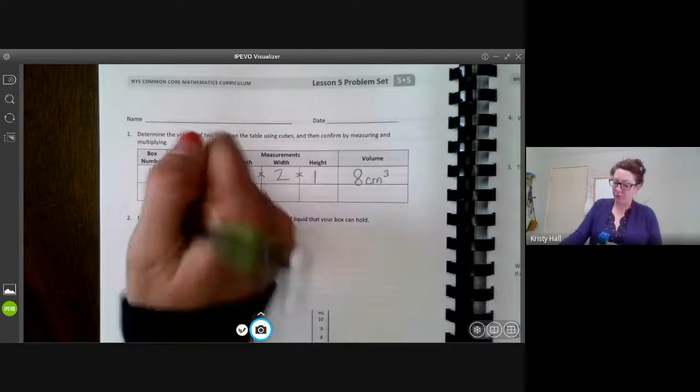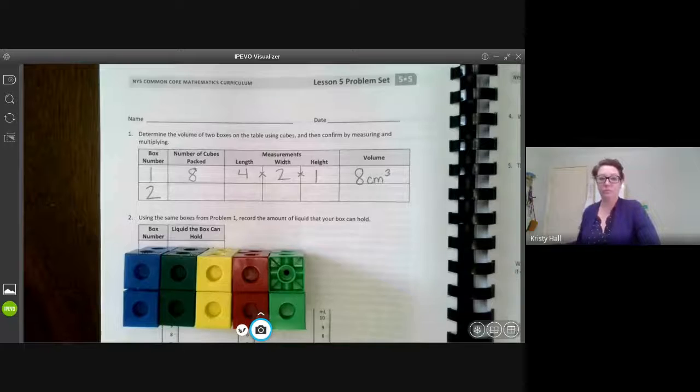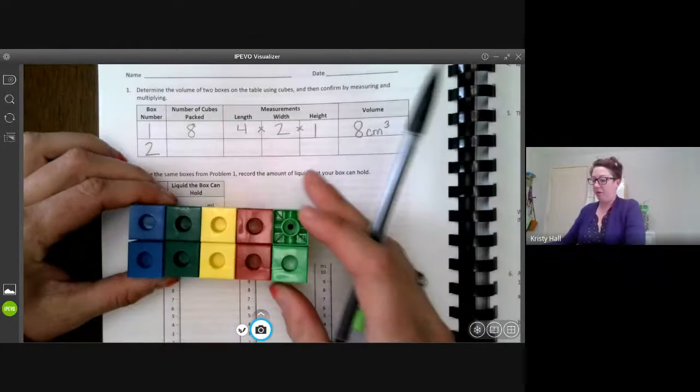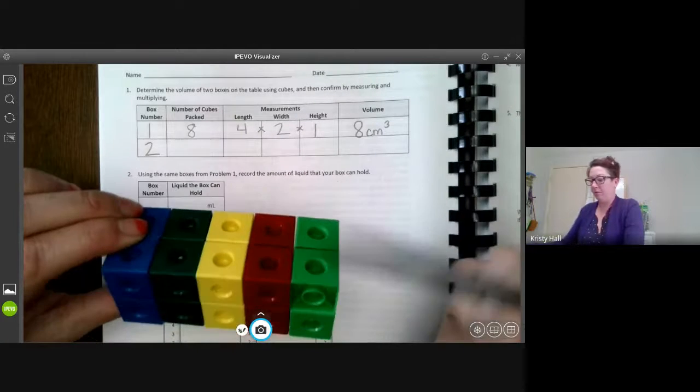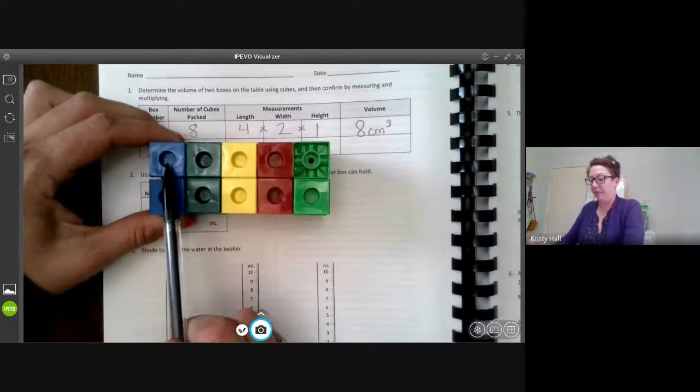All right, let's go into box number 2. First they want to know how many cubes we have packed together. I have basically 2 layers, 1, 2. So I can count this layer and then I can count the bottom layer. Let's count the top layer.